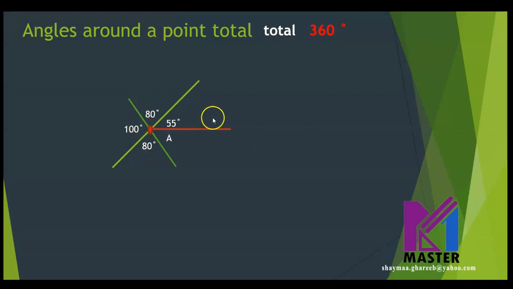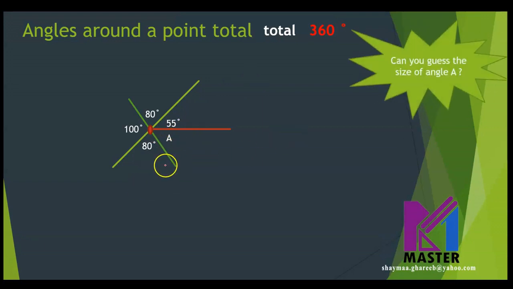Look at this diagram. How many angles do you see? 1, 2, 3, 4, 5. There are 5 angles. So let's find together how to calculate the size of angle A. We said before, the sum of all the angles must be 360 degrees because all of them share the same vertex and all of them are angles around a point.